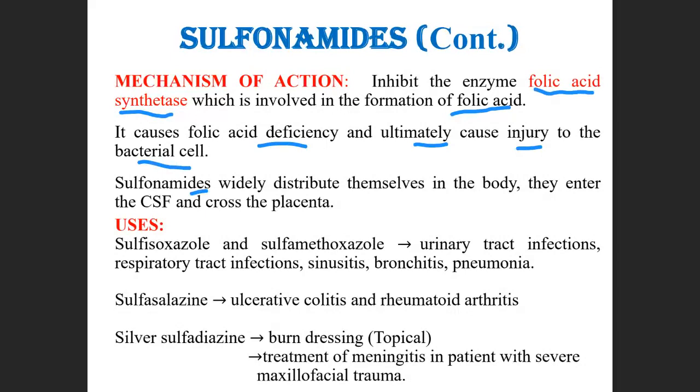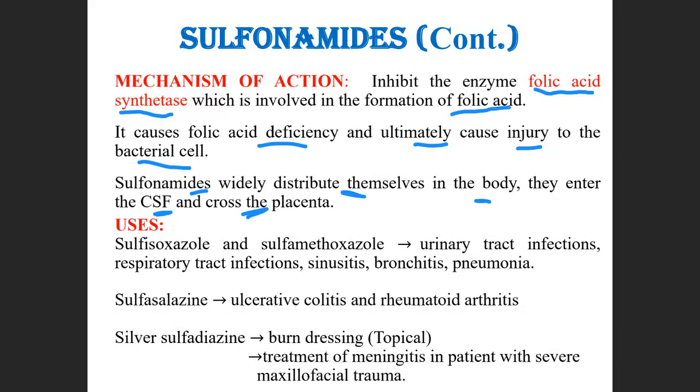Sulfonamides are widely distributed in the body. They can enter the CSF, the cerebrospinal fluid, and they can also cross the placental barrier. So here, what is the mechanism? It inhibits folic acid synthesis. What do you mean by this?